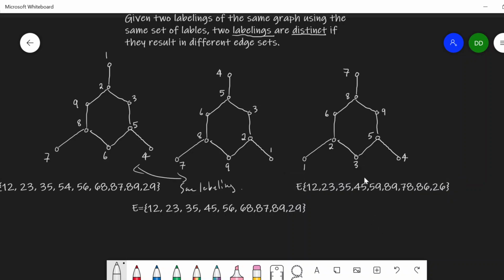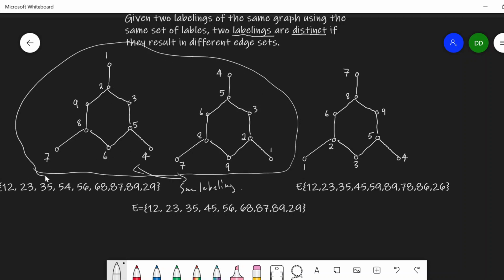So notice a couple things in particular, that this has the edge 2, 6 in it, while none of the other edge sets have 2, 6 in them. And so just there we can see that these are not the same labeling. So while these 2 are the same, this one is distinct from the other 2. Distinct from the other labeling.